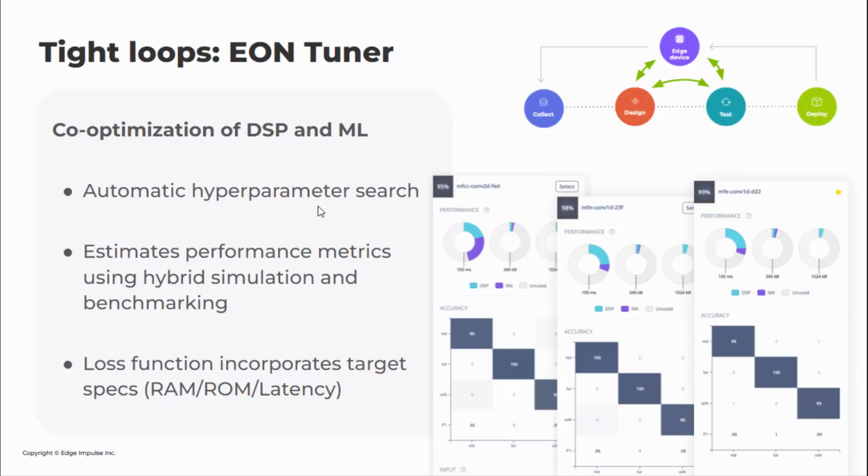We also have the Eon Tuner, and this is a feature based around the idea that a lot of the time you spend on model development is spent fine-tuning, often by hand and in a fairly arbitrary way, the signal processing and machine learning parameters and hyperparameters. So we're looking at things like the architecture of a network or the number of filters in your FFT.